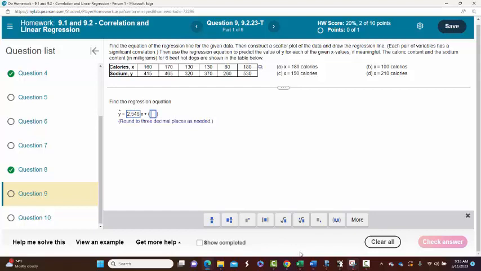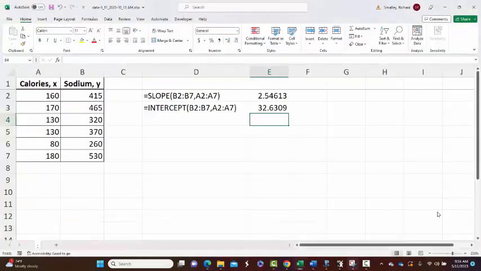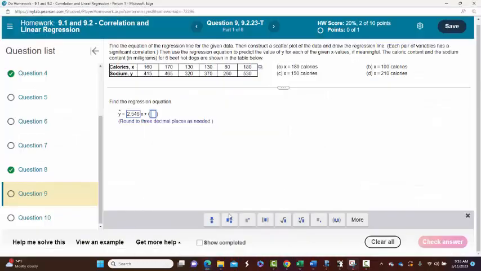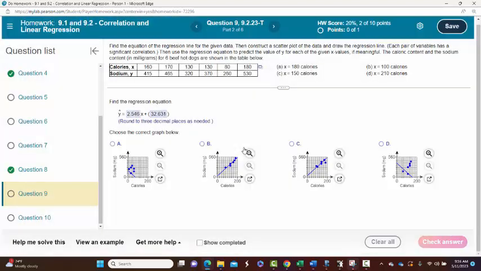And the y-intercept would be 32.631. Hooray!